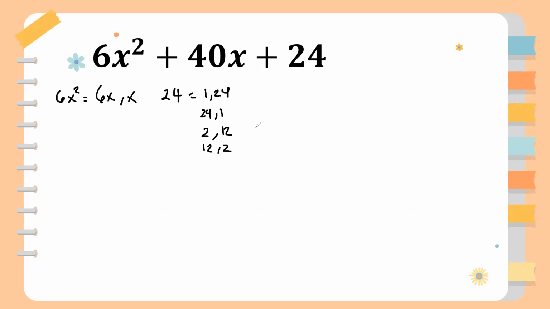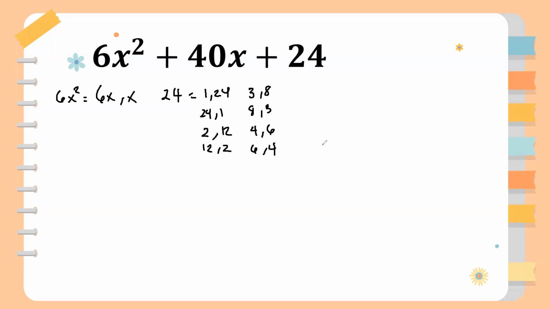Sige, let's start first dito sa... meron pa pala. So we have 3 times 8, that is equal to 24 as well. 8 times 3. Meron ding 4 times 6 and 6 times 4.